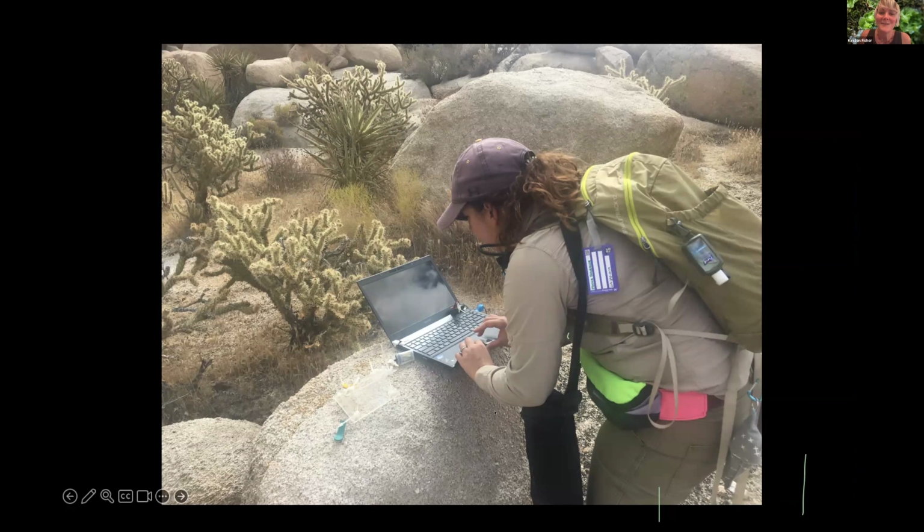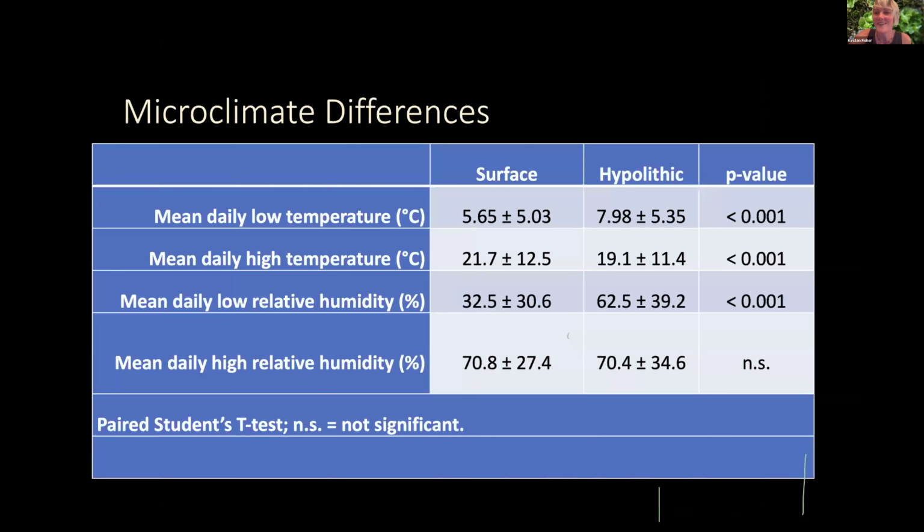So this is Jenna again, deploying some little micro sensors out at one of our study sites. We did this in a couple of places. We buried these little data loggers under the hypoliths next to the moss and also on the surface, and over the course of several months tracked the relative humidity and temperature cycles throughout the day and night.